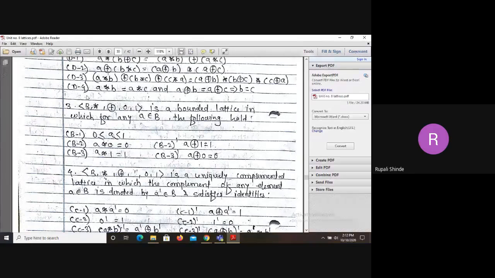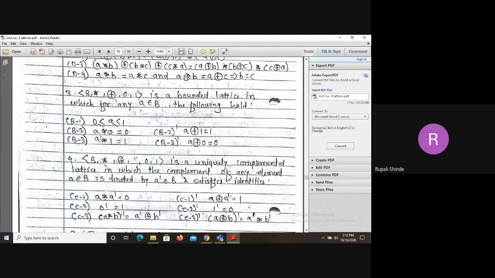Yes. So in the first property, they have said that A lies between 0 and 1. Okay. The second one, A star 0. The answer for this operation is 0, as 0 is the least element, and for its complement, whenever we have to take a complement, we should replace star by XOR, XOR by star, 0 by 1, and 1 by 0.